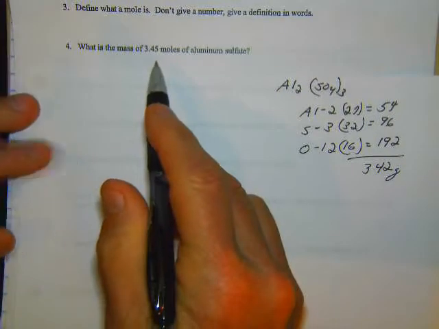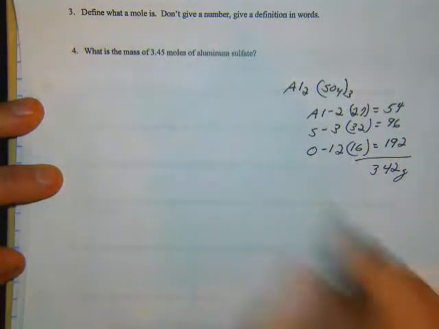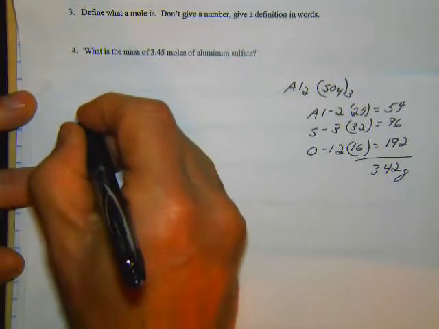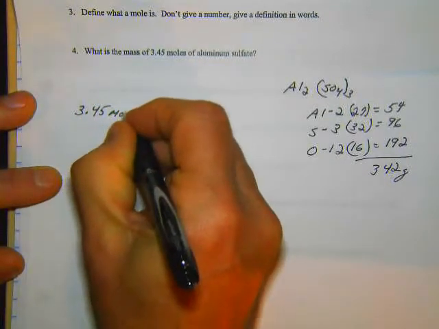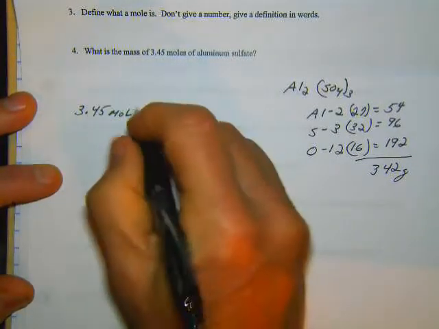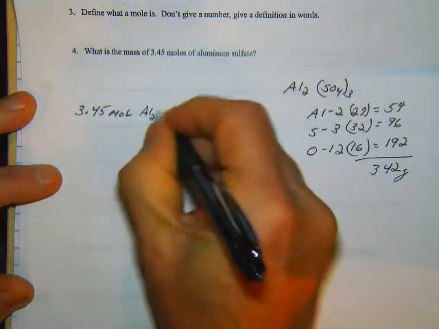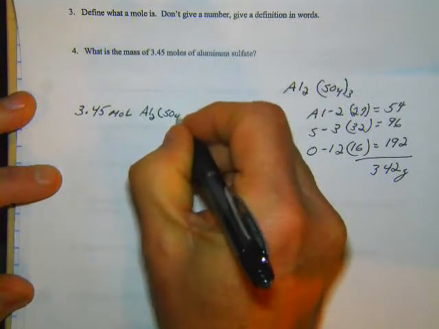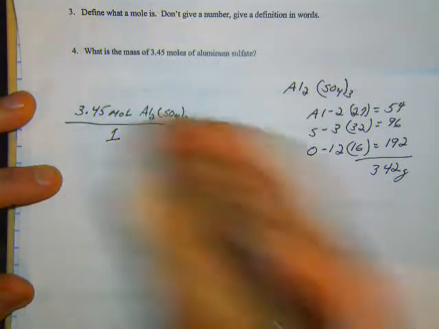So we've got 3.45 moles. What's the mass? So let's start with what we got. 3.45 moles of aluminum sulfate, Al2 SO4 3. Maybe I like to put that over 1.